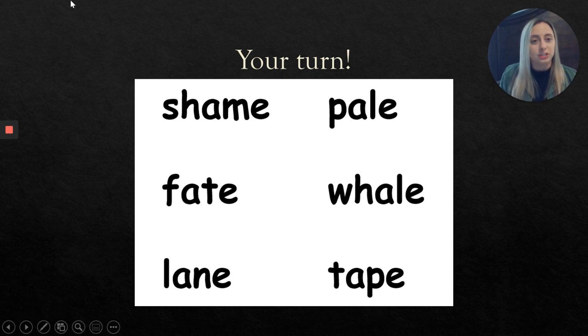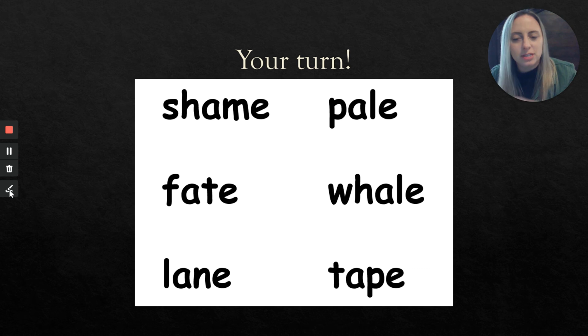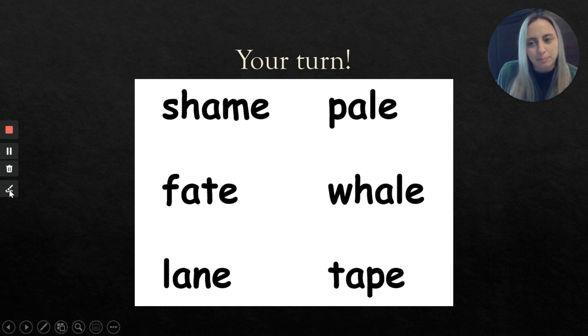All right, so now it is your turn. If you're in Miss Sauer or Miss Azzarano's class, you can head right to Seesaw. This assignment will be waiting for you. Your job will be to mark the words and then record yourself reading them. If you are working in another class, I would grab a piece of paper, write these words down, and then have your child mark them.